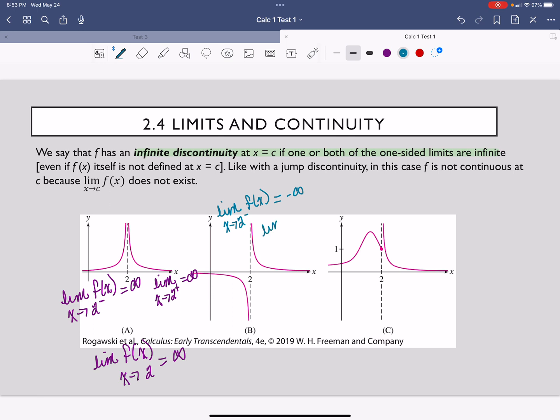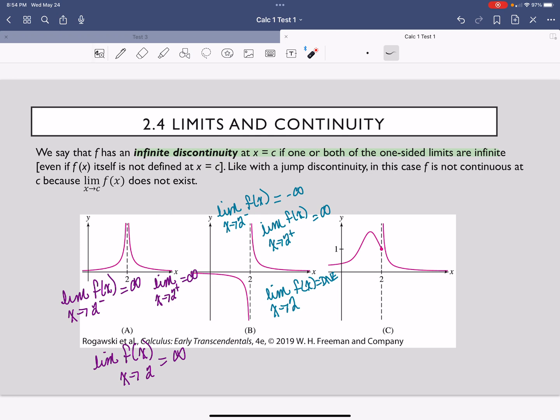The limit of f of x as x approaches 2 from the right is positive infinity. These do not agree. We still have an infinite discontinuity here, and the limit as x approaches 2 of f of x does not exist, because the two limits do not agree.